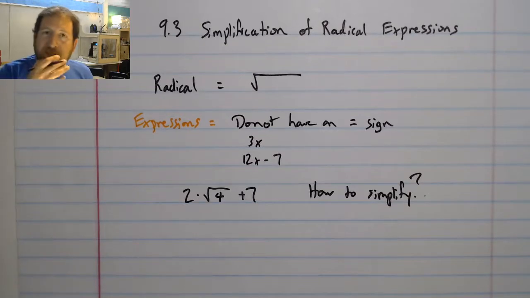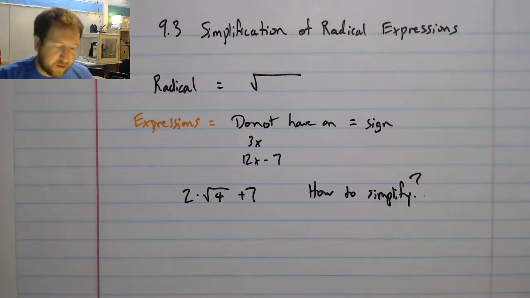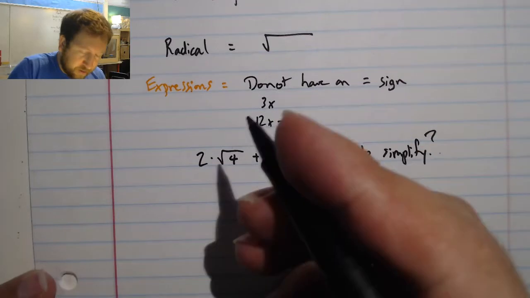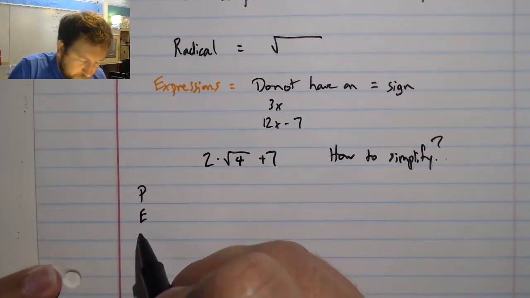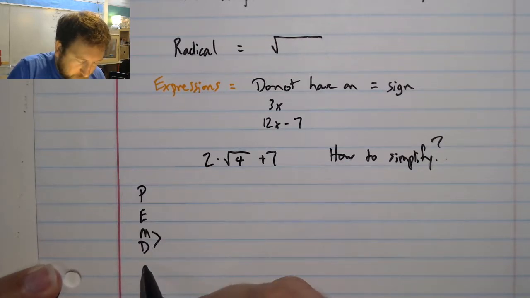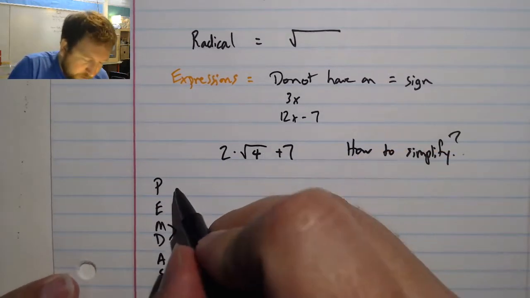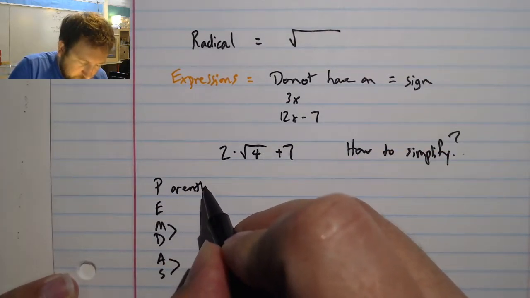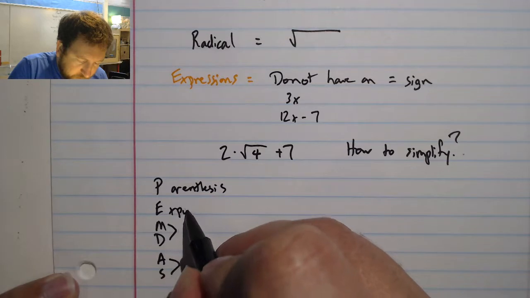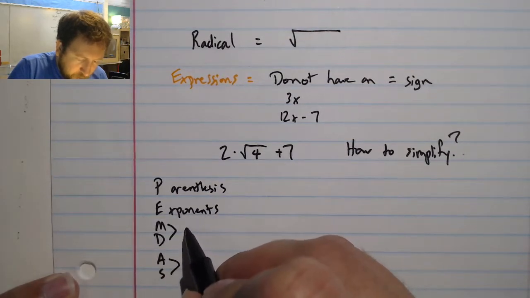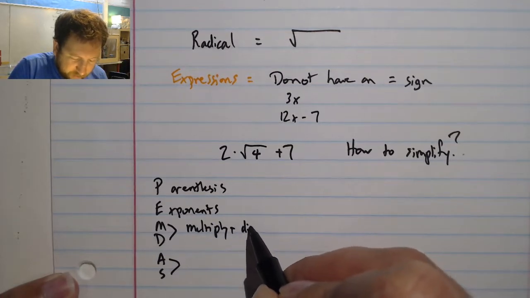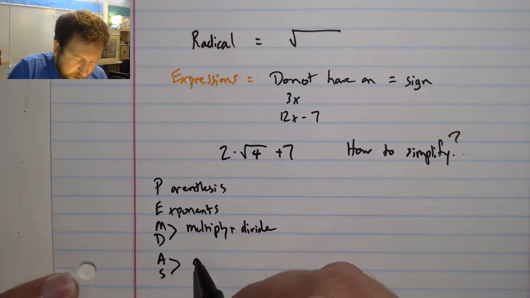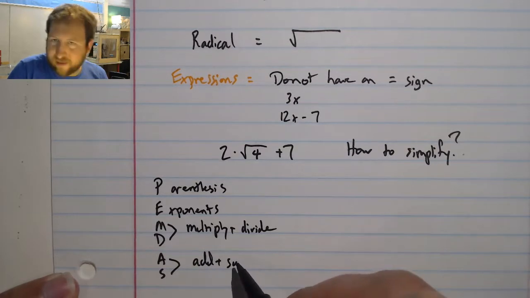Well, it's pretty much the same that we've been doing before. We're just going to be doing that PEMDAS method that we've been looking at before, and we need to make sure that we do it in that order. So recall PEMDAS, right? So we have parentheses, exponents, multiply and divide, because they're really the same thing, and add and subtract, because they're really the same thing.